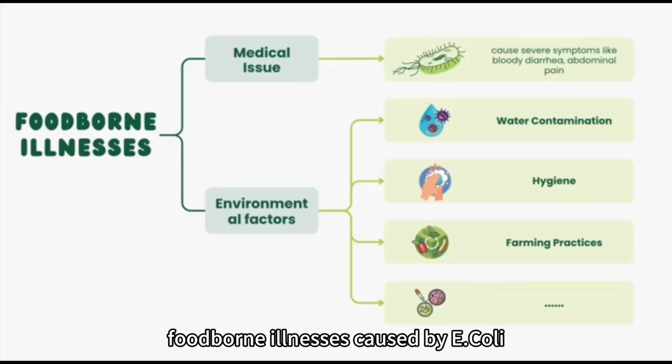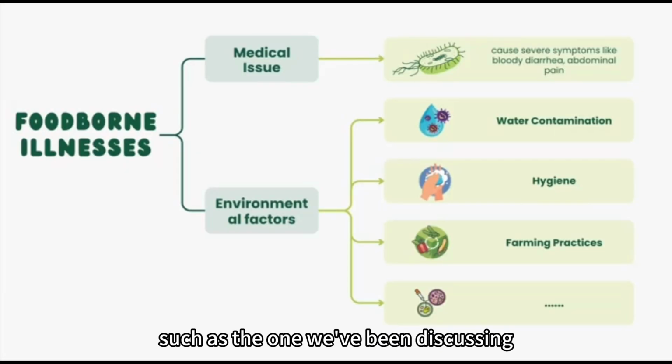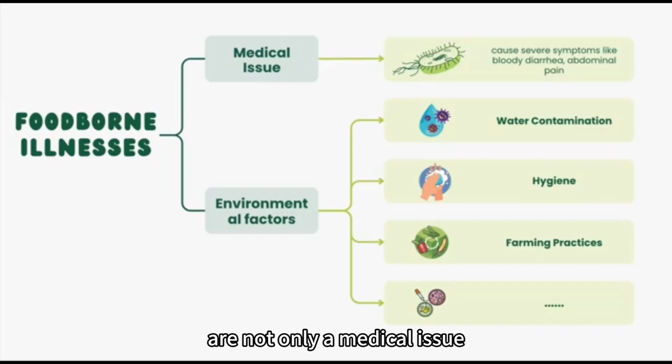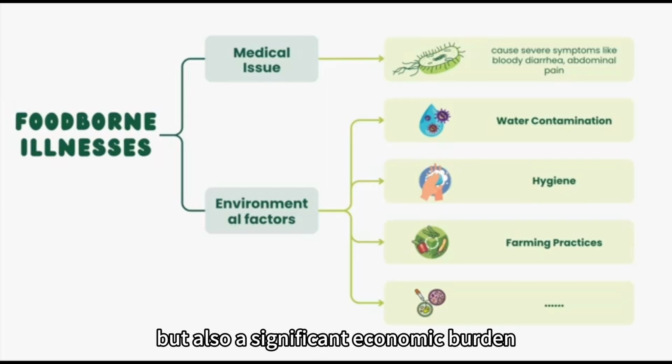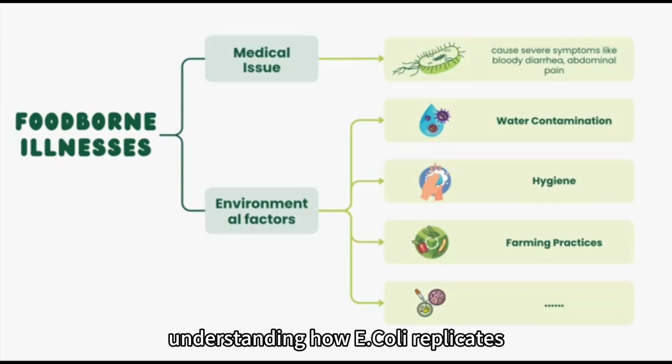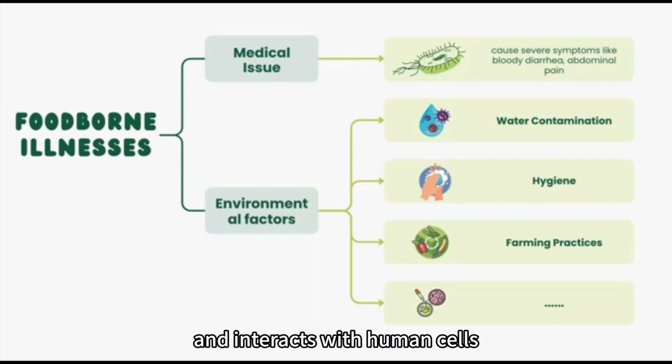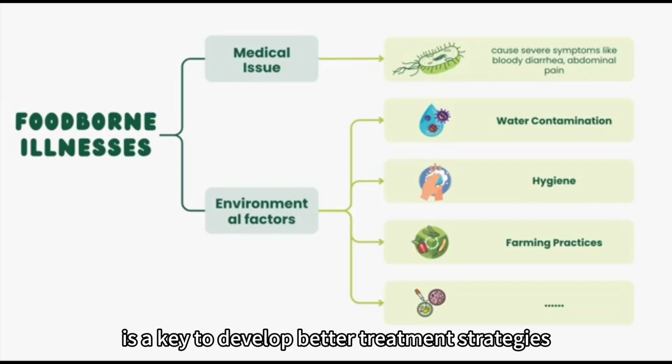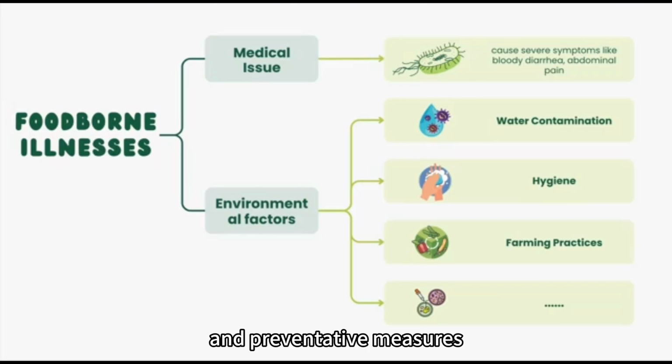Foodborne illnesses caused by E. coli, such as the one we've been discussing, are not only a medical issue, but also a significant economic burden, impacting healthcare costs and productivity. Understanding how E. coli replicates and interacts with human cells at the molecular level is key to developing better treatment strategies and preventative measures.